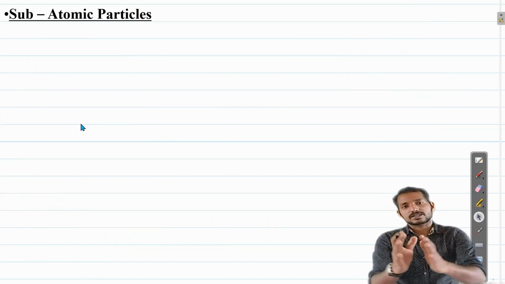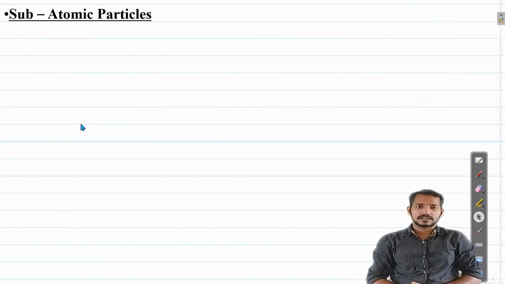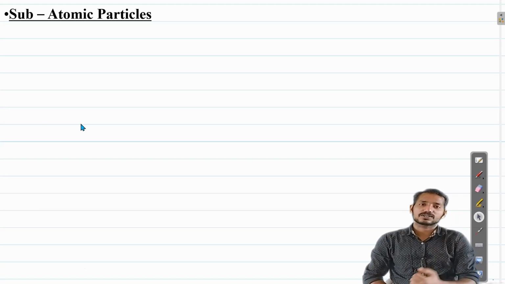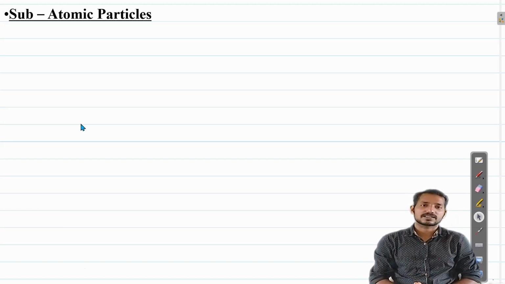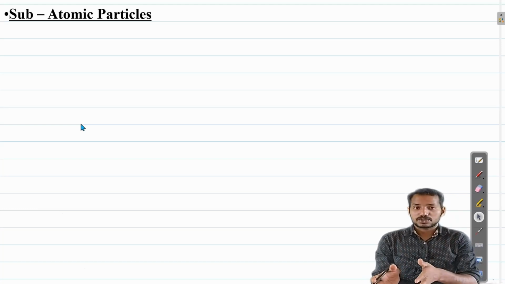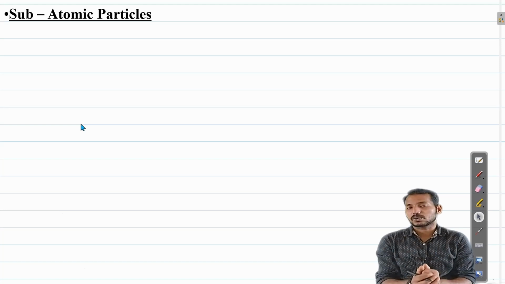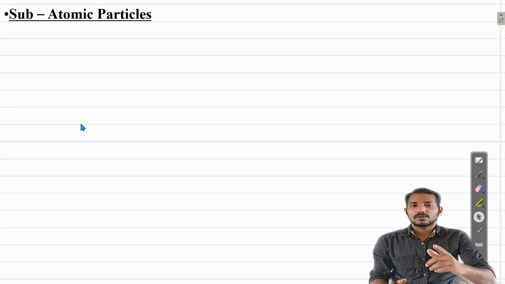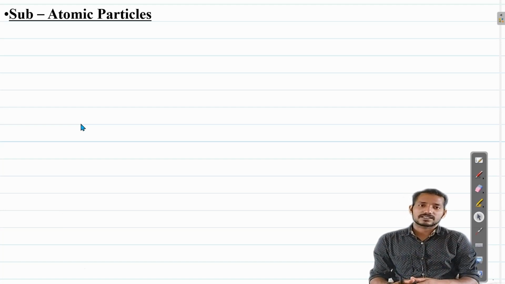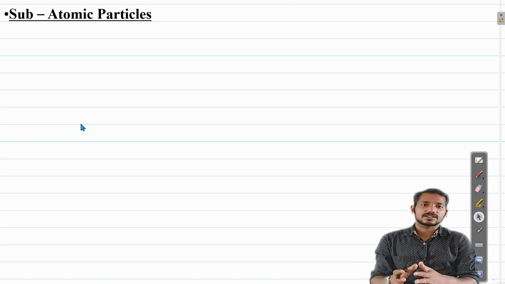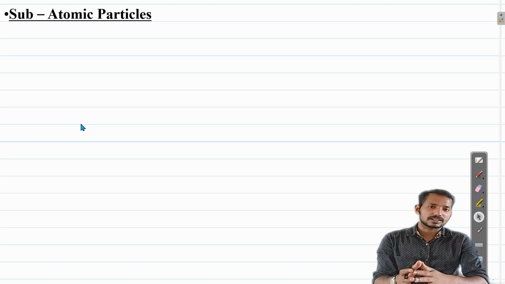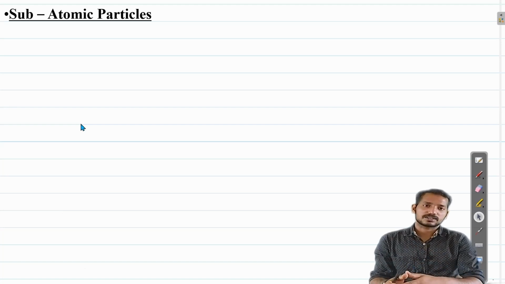We already discussed two kinds of subatomic particles called protons and electrons. They are charged particles. Protons are present in the nucleus and electrons are around the nucleus, outside the nucleus. But there is one more kind of particle, which is not charged, but still exists inside the atom. Such particles are called neutrons.